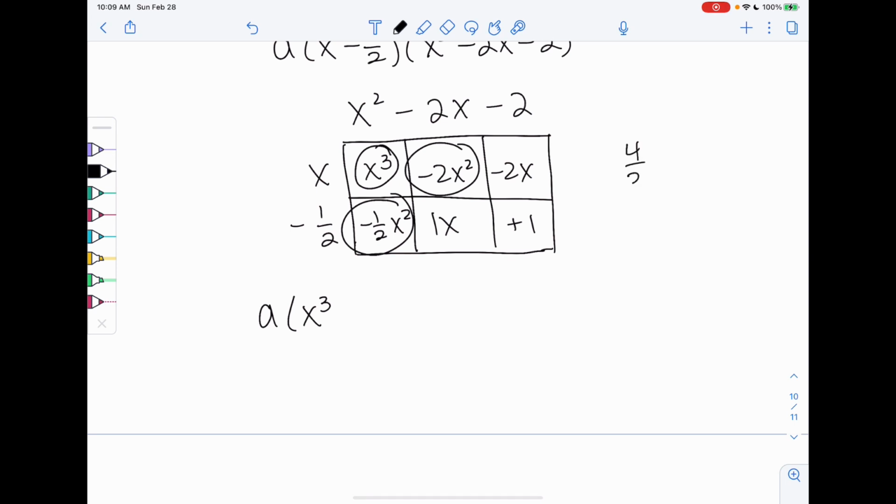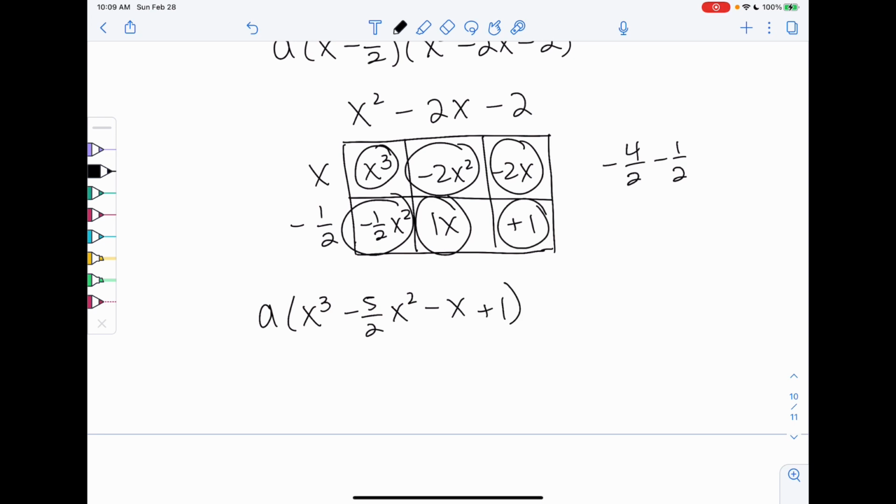Yeah, 4 over 2 minus 1 over 2, minus 5/2 x squared. For x, we get minus 1x, negative 2 plus 1. And then our final term is plus 1.